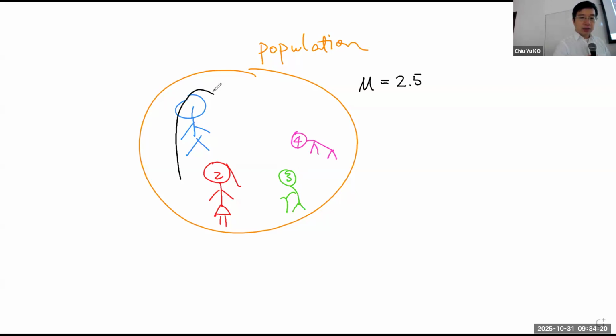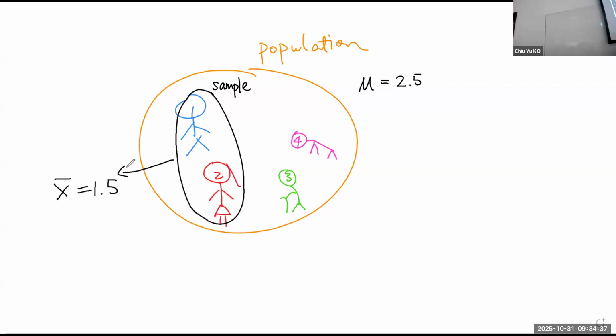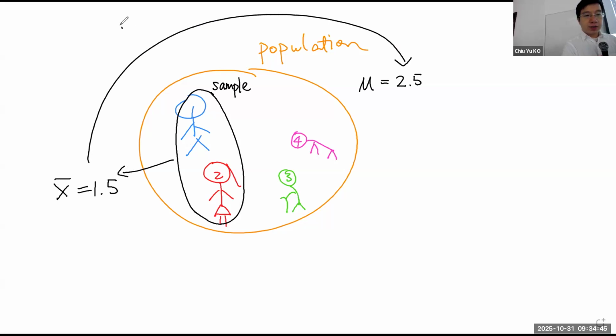Suppose you get this data. It's called a sample. And for the sample, we do estimation. The sample mean is 1.5, and we can use this as our point estimate, right?